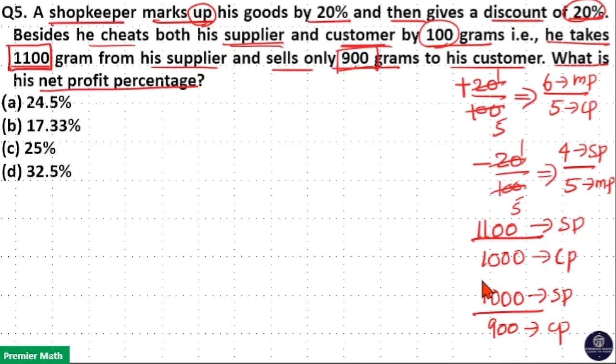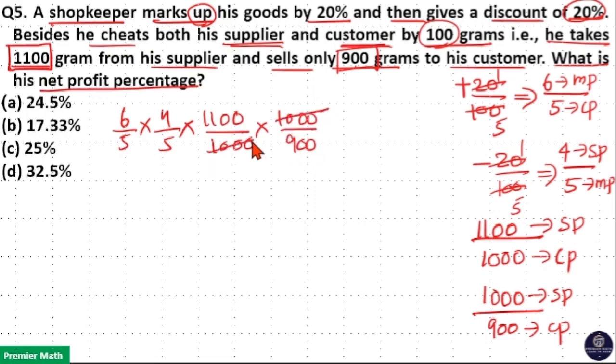So in both the cases, he is making profit. So multiply all these 4 ratios together. That is 6 by 5 into 4 by 5 into 1100 by 1000 into 1000 by 900.